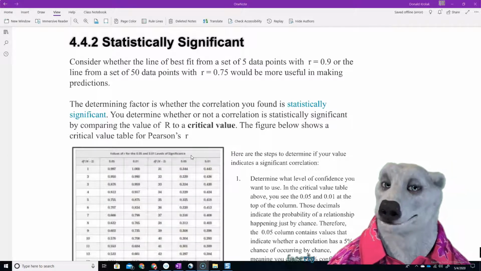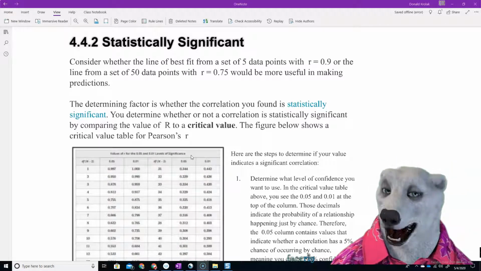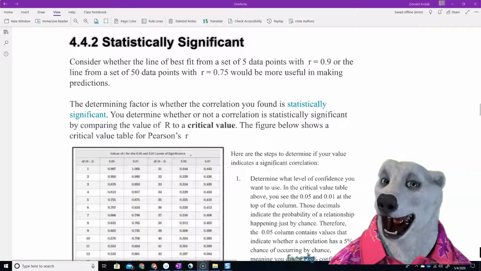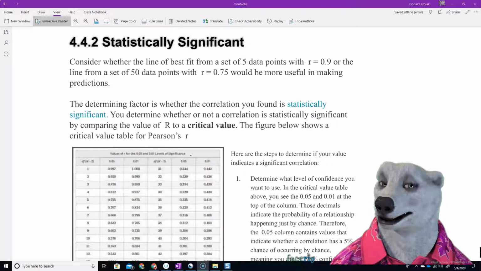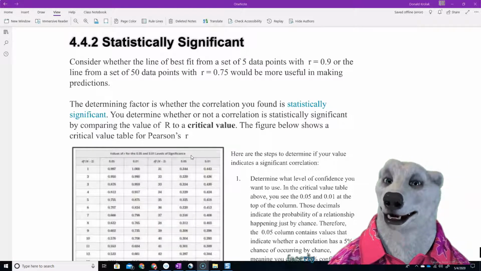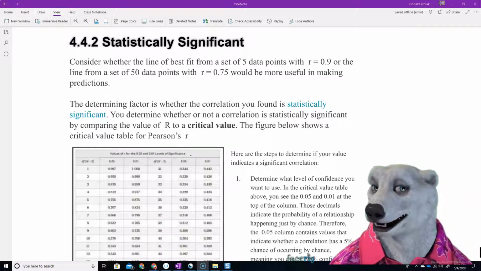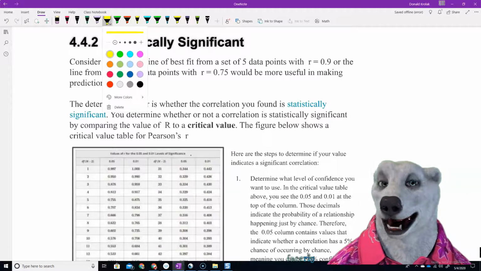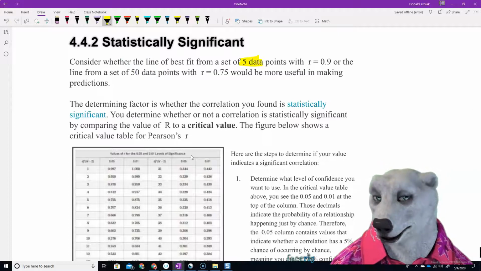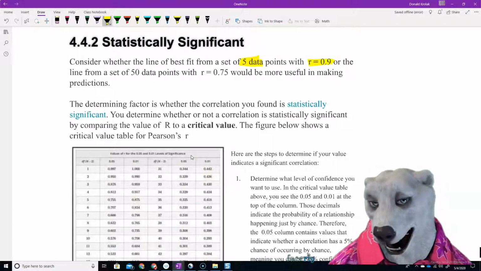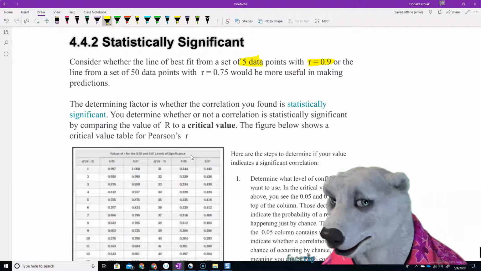If you had a set of 5 data points and it had a correlation coefficient of 0.9. All right, so let's highlight that. I got 5 data points, correlation coefficient 0.9. That's a pretty strong positive correlation.